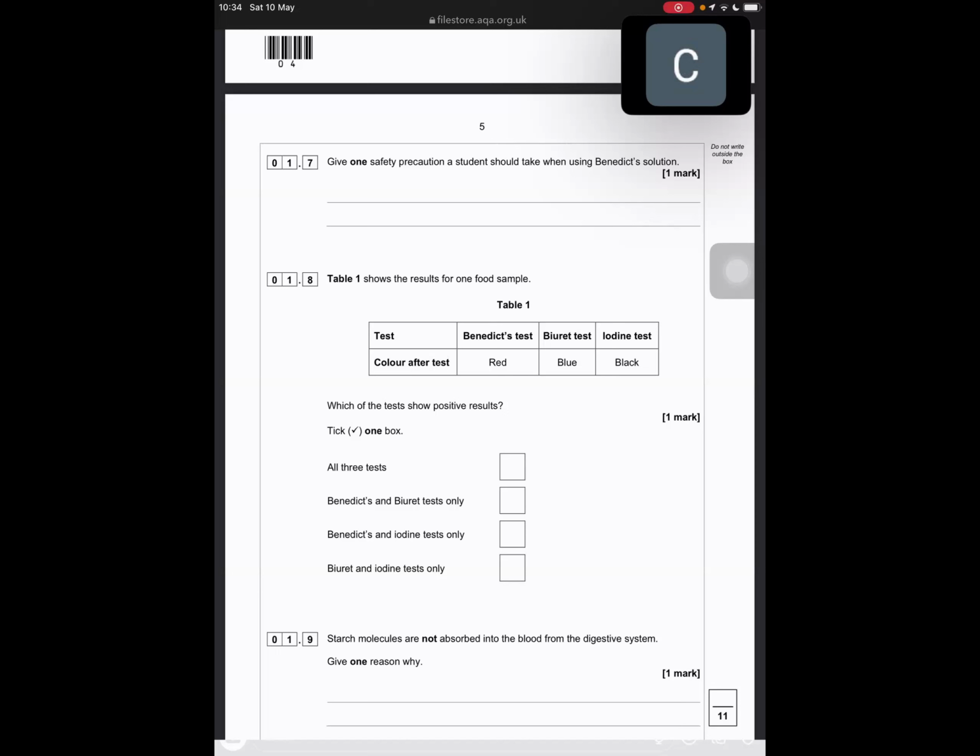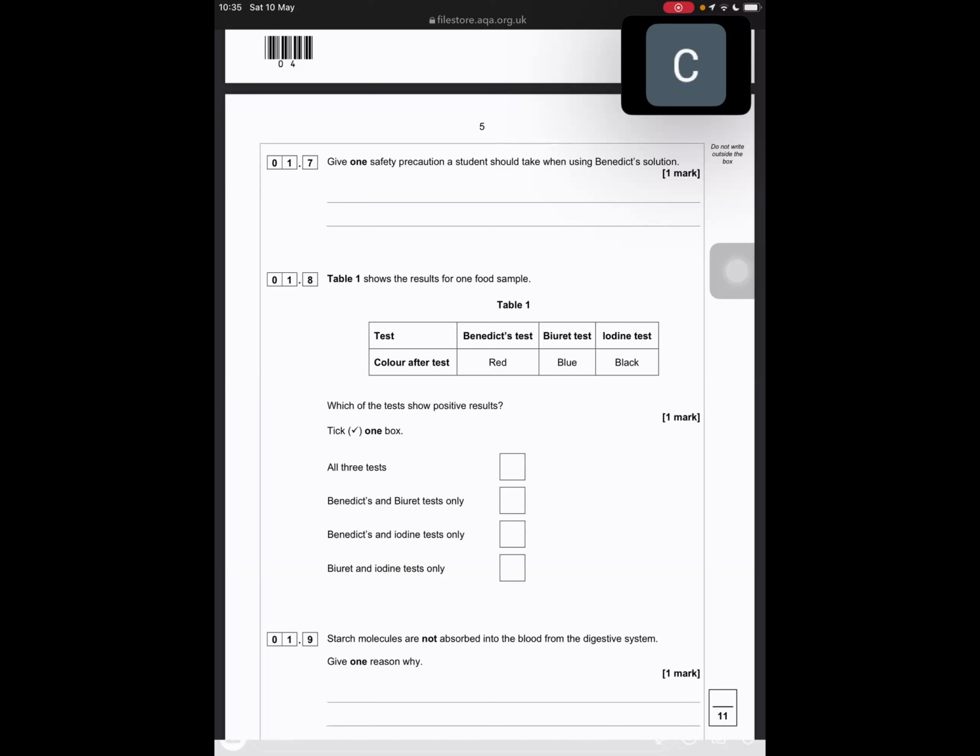But it doesn't give us iodine only. It's going to be one of these: either all three tests, or Benedict and iodine only, or biuret and iodine only. So we need to be sure.